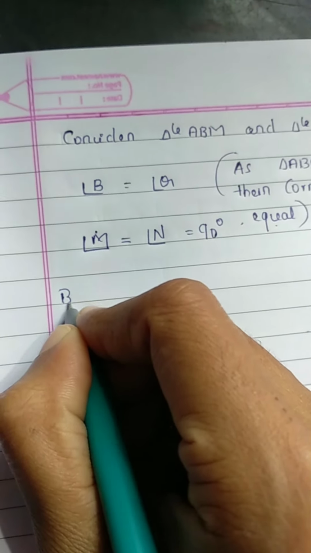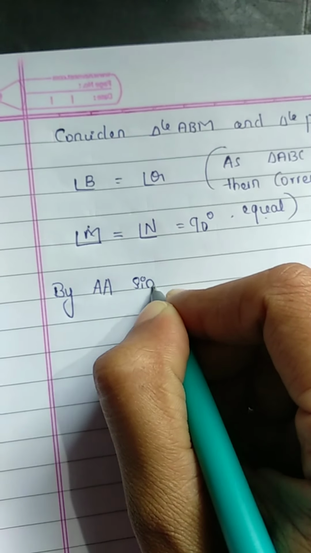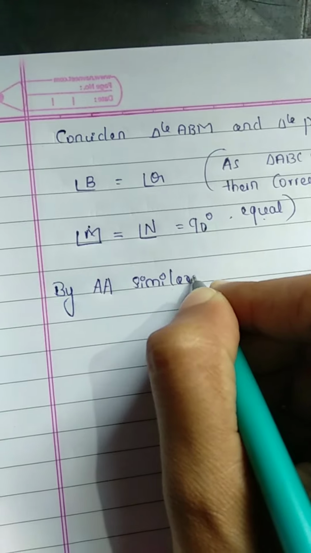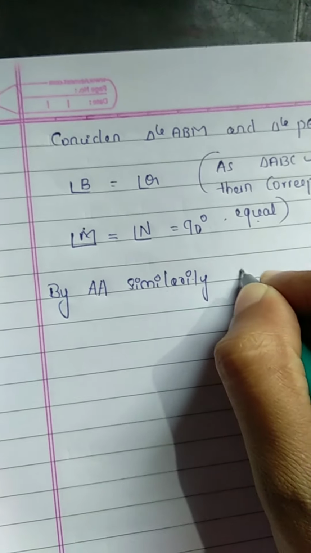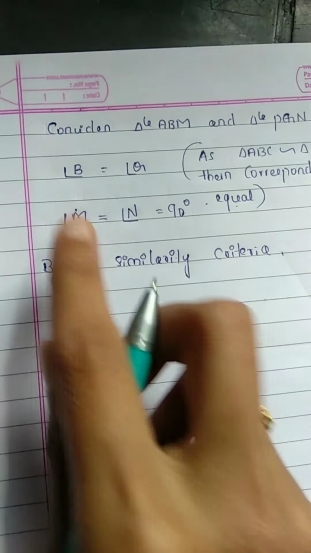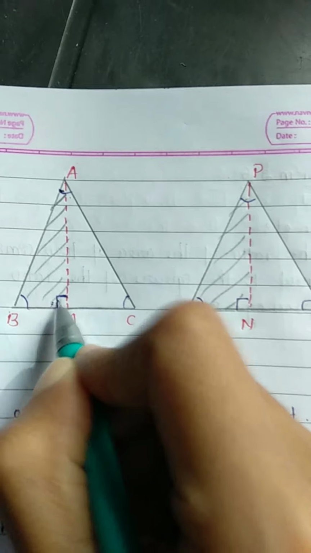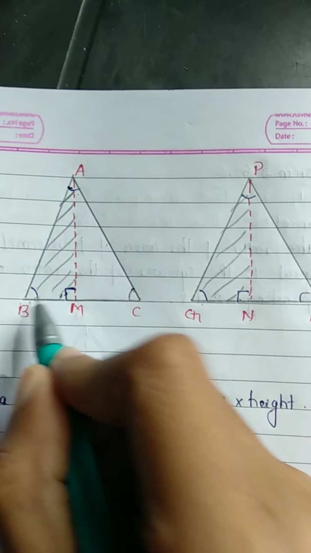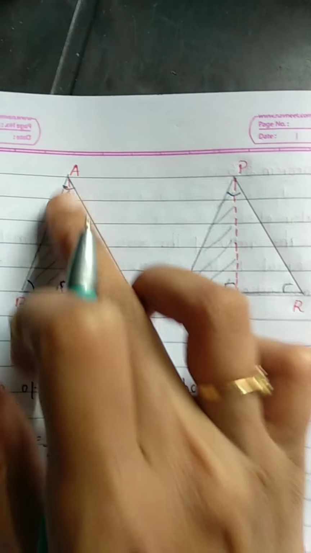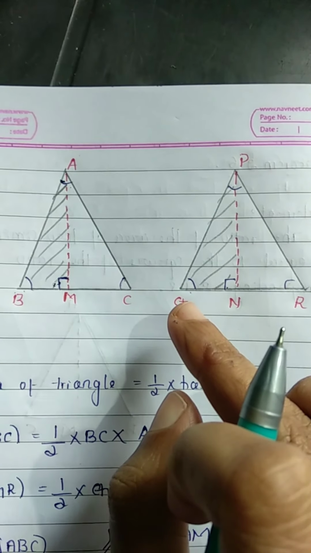So by the angle similarity criteria, here we get two angles of the triangles equal: angle M and angle N, angle B and angle Q. Two angles of the triangles are equal.